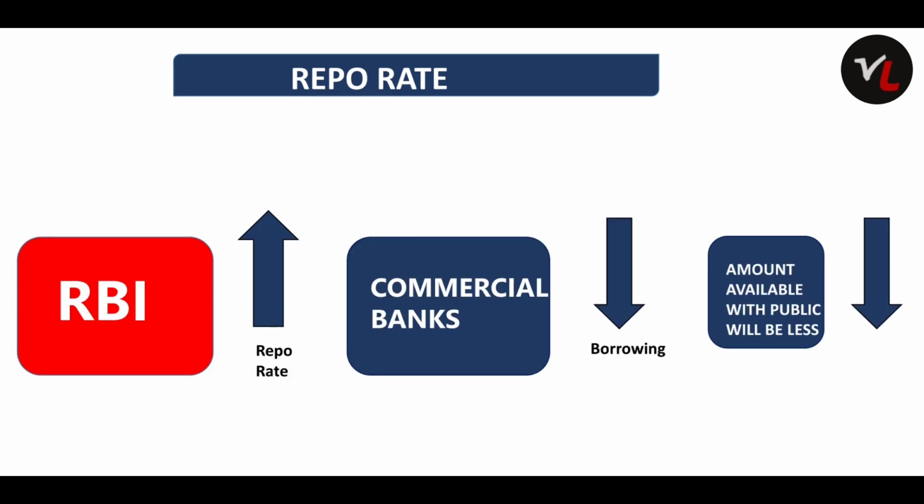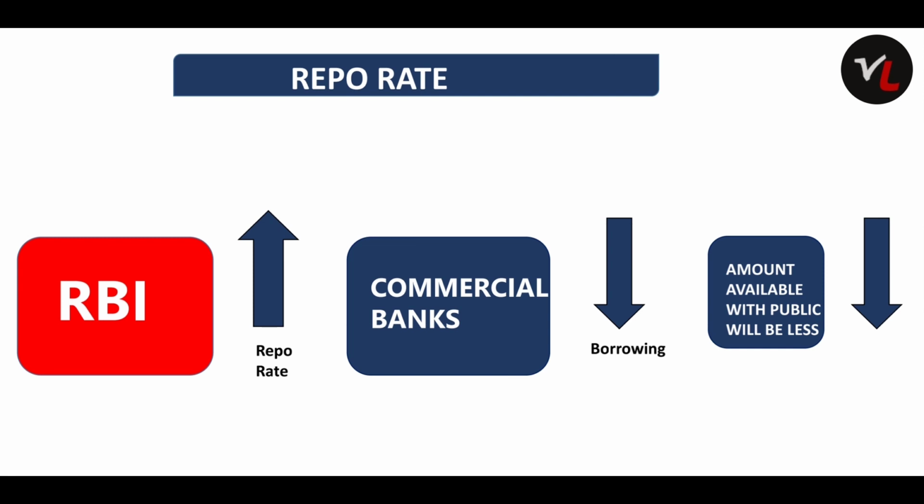Let's move on to how the money supply is regulated in the market by regulating the repo rate. If RBI increases the repo rate, what will happen? Commercial banks will borrow less because the interest rate is high. Repo rate is the rate at which RBI lends money to commercial banks.